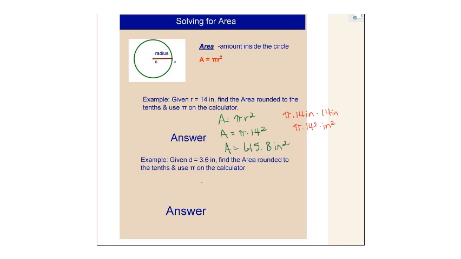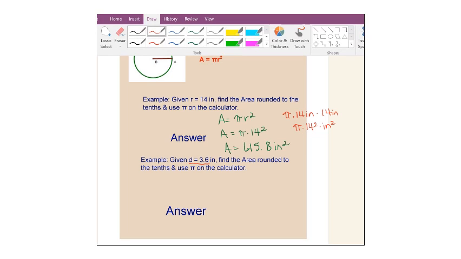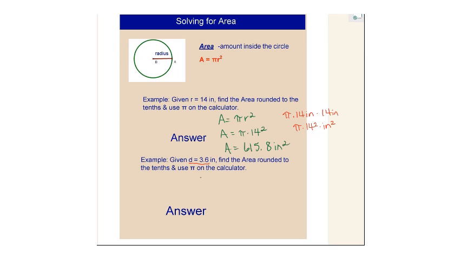Now in the next example, we do not actually have the radius. We have the diameter, and you have to have the radius to put it into pi r squared and find the area. So in this case, I'm going to take the diameter and I'm going to divide it by 2 because the diameter equals 2 times the radius. So 3.6 divided by 2 is going to be 1.8.